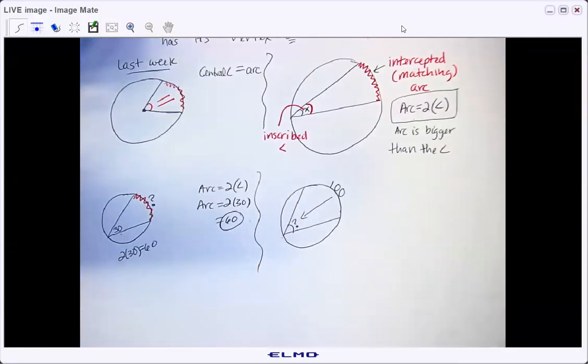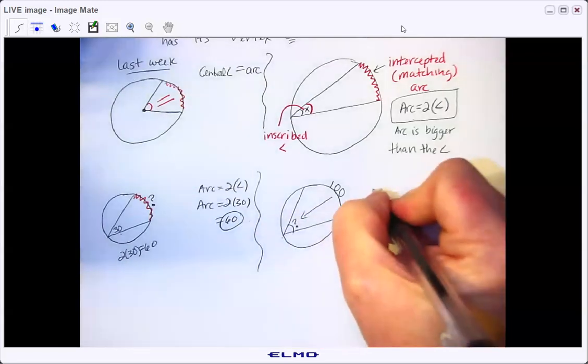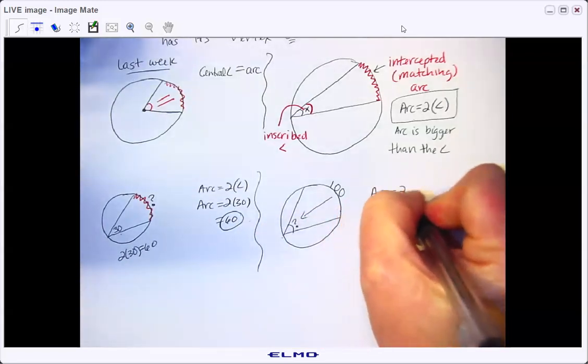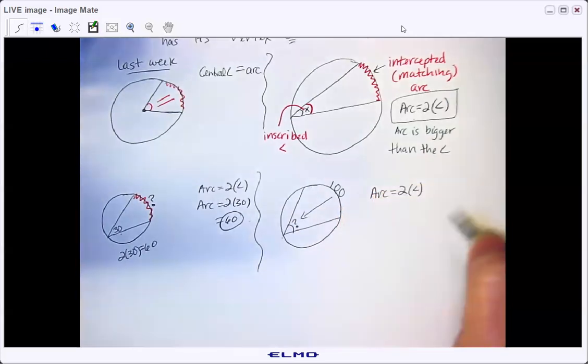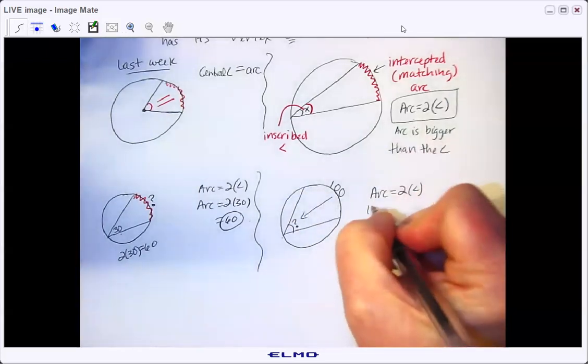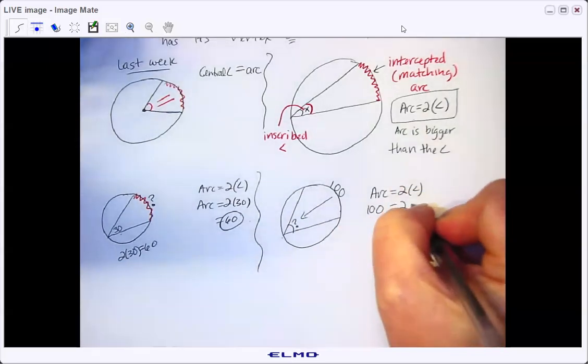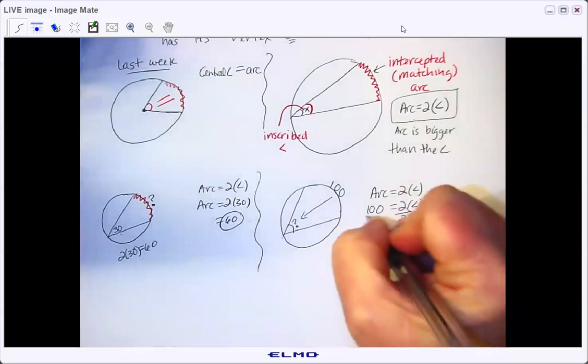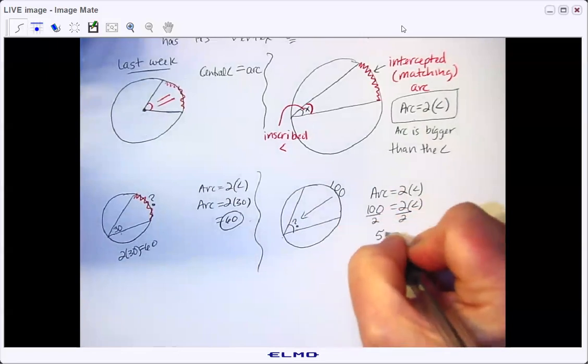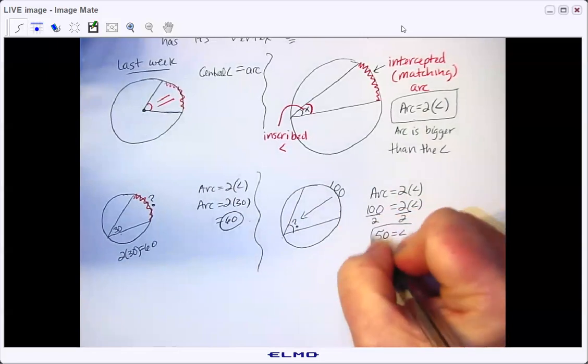Okay, good. Many of you got it correct. That's awesome. Okay, so just remember, it's not equal. So the relationship that we have is that the arc is equal to 2 times the angle. Well, the arc is 100. Remember, it's bigger. 2 times the angle, so we can divide both sides by 2, and we get 50 equals the angle.